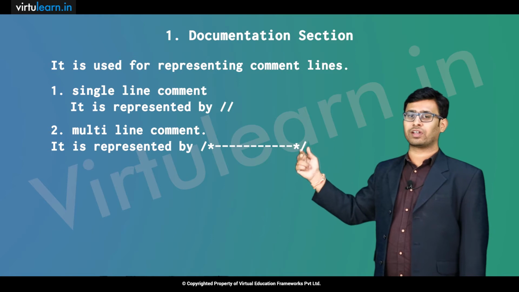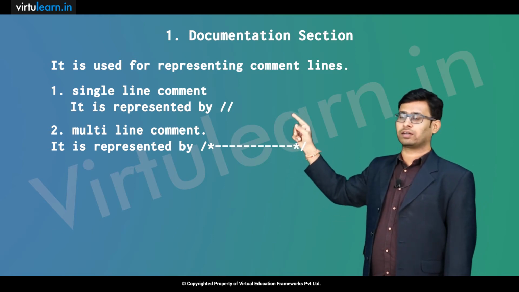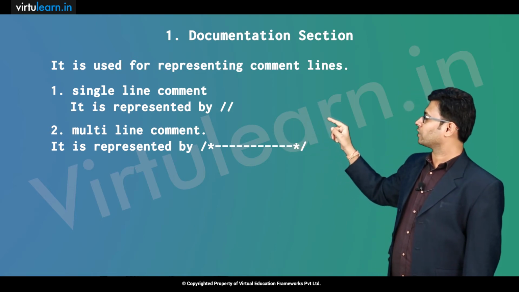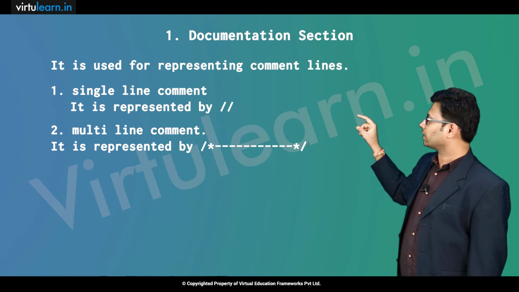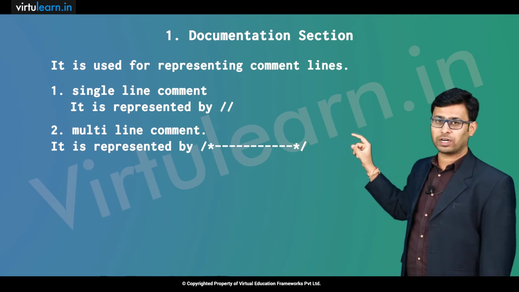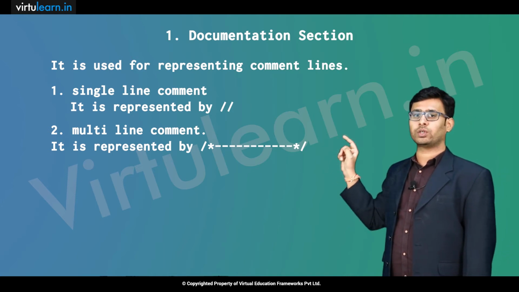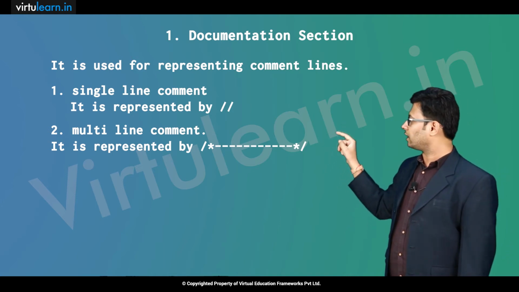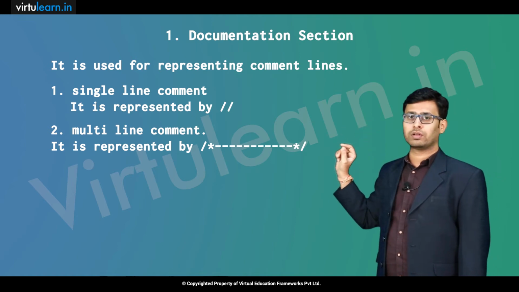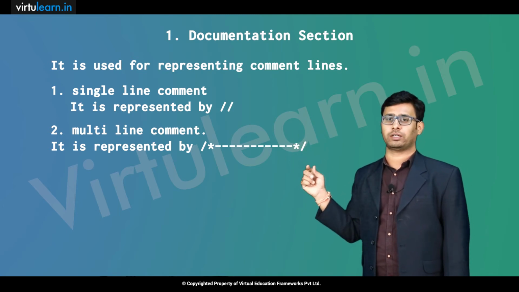Next, the second one is the link section. In the link section, we link the different libraries or header files that we need to use as part of our code. The link section is again categorized into two types. The first one is the include section. The second one is the define section.